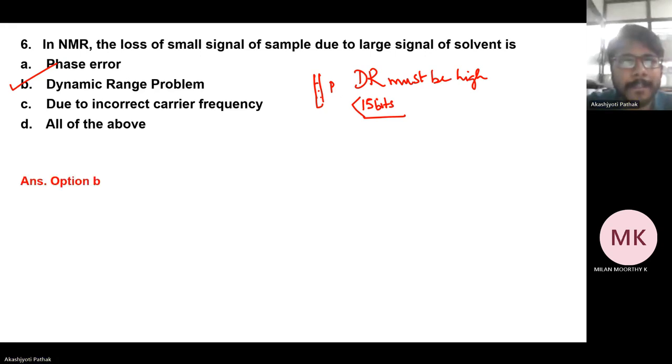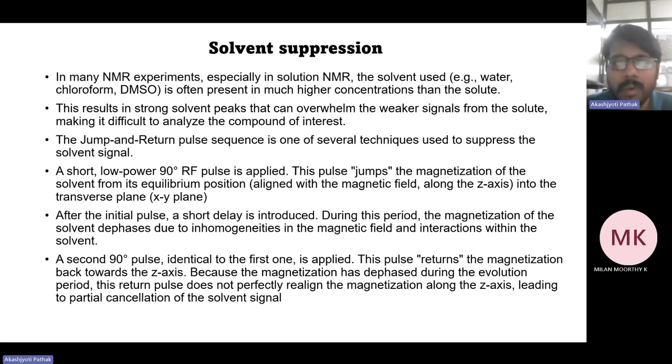Option B. Yeah, so just now what I was discussing is solvent suppression. Because our sample is present in a solvent, the solvent can suppress the signal of our desired macromolecule.